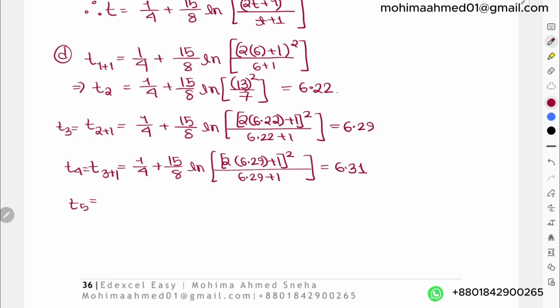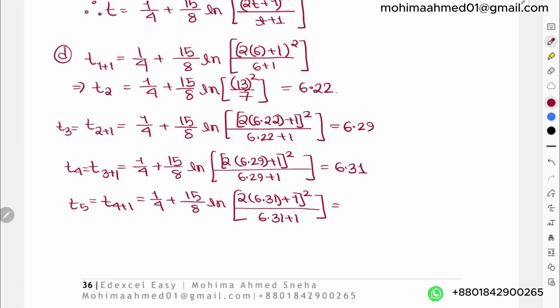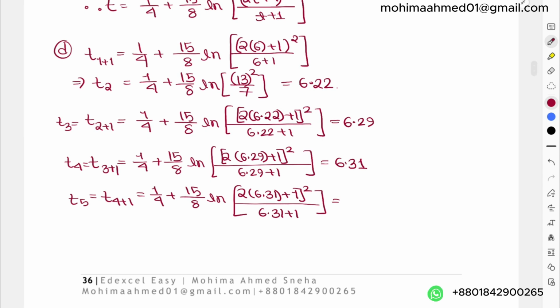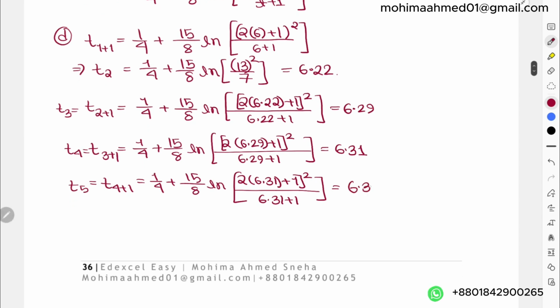Then T5 is going to be T4 plus 1, which is 1/4 plus 15/8 ln 2, 6.31 plus 1 square divided by 6.31 plus 1. Now again, if I just introduce 6.31 inside the same expression that is already written in my calculator, I get 6.31 again.